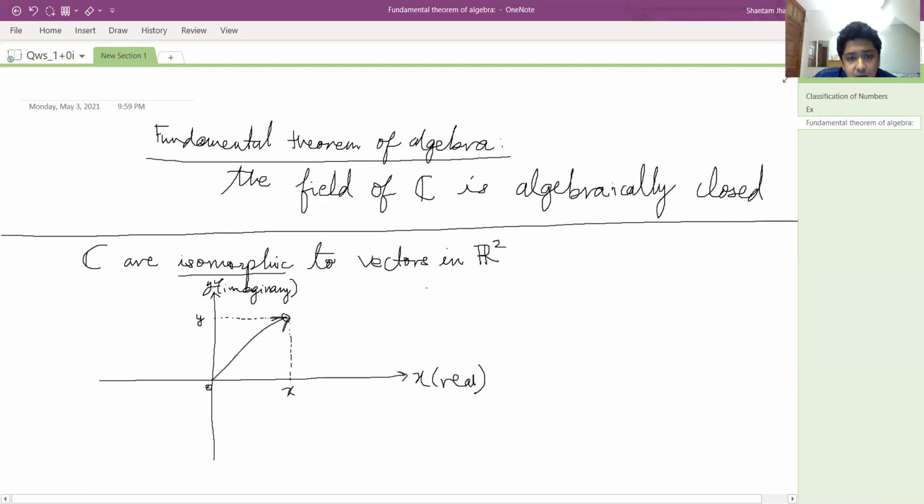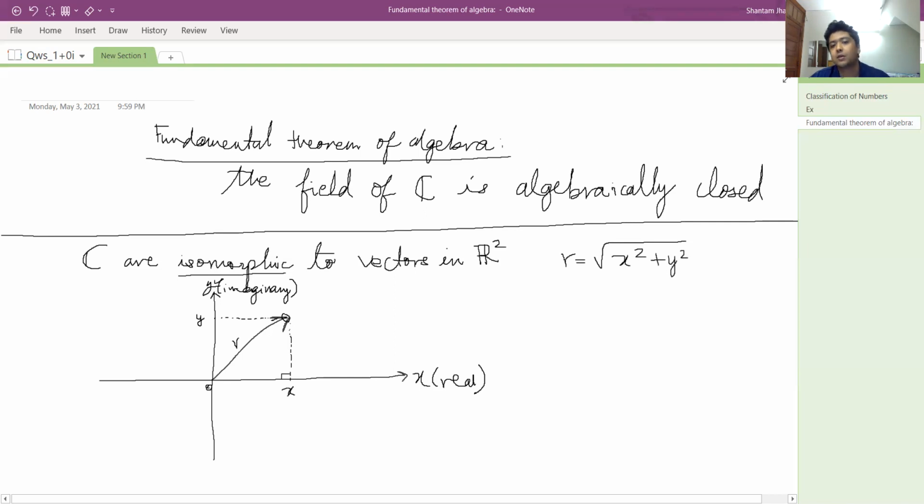Okay, and we can also talk about the length of this vector. The length of this vector I'm going to represent as r, and it's going to be clear why I'm using r. The length of this vector is going to be what? If I take this triangle and use the Pythagoras theorem, that's right, it's going to be the square root of x squared plus y squared.